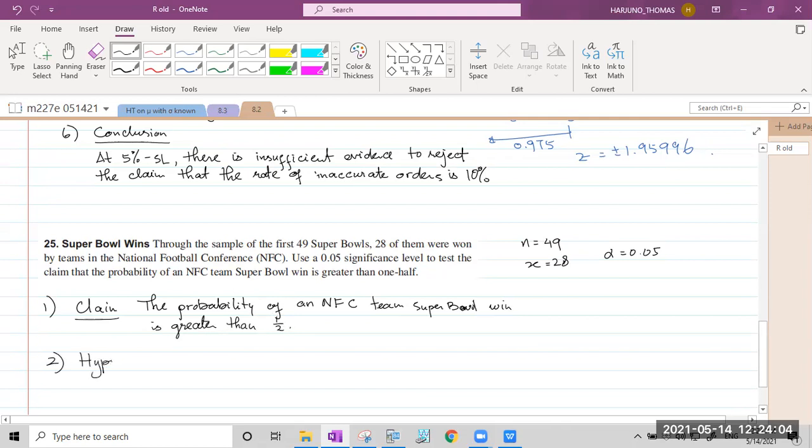Step 2, hypothesis. Null hypothesis: P is less than or equal to 1/2. Alternate hypothesis: P is greater than 1/2. So this is the claim, and that's right tail.